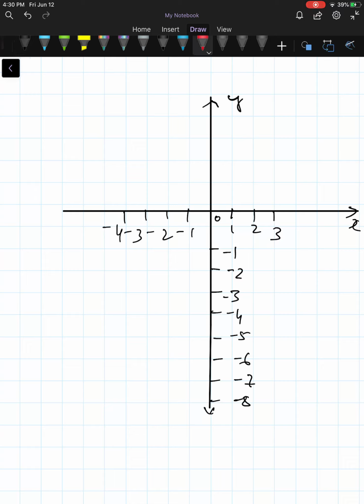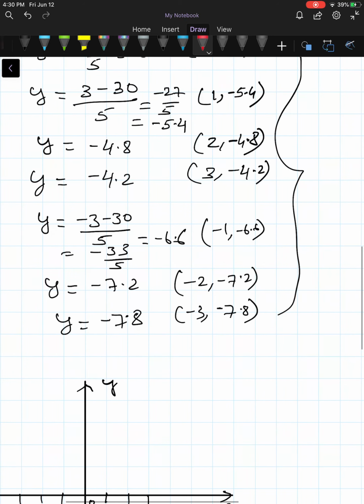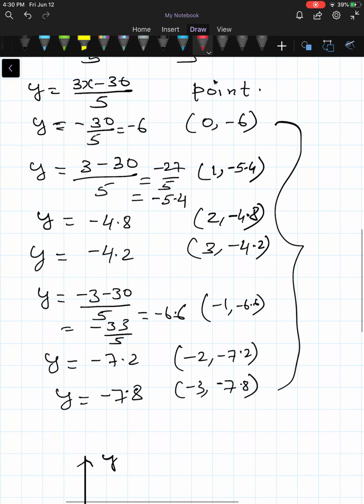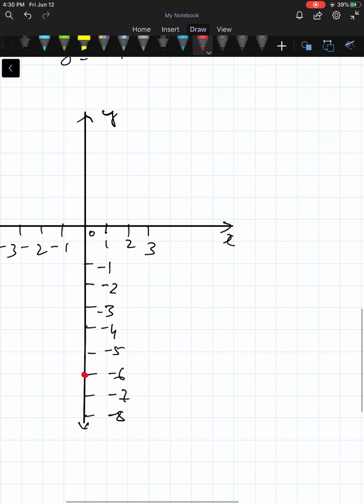Okay, so now the first point is (0, -6). So the point lies here: 0 on the x-axis and -6 on the y-axis. Then the second point is (1, -5.4). If this would be 5.5, then 5.4 will be somewhere here.